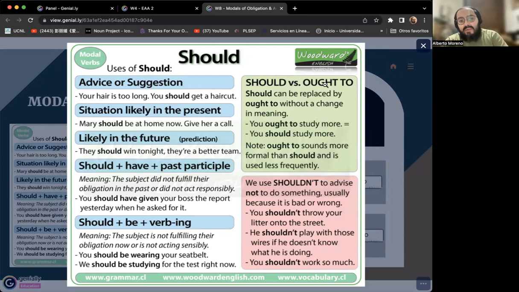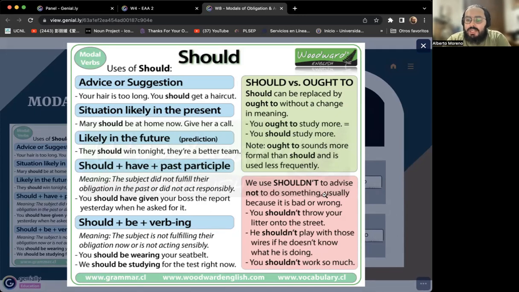I mean, we can use both in order to express an advice or a suggestion, but ought to is more used in the UK or Australia or New Zealand, and should is more used here in America, the United States, and also in Canada, okay? But if you use one or the other one, it's right. I mean, if you said you should go whatever, or you ought to go to whatever place, it's okay.